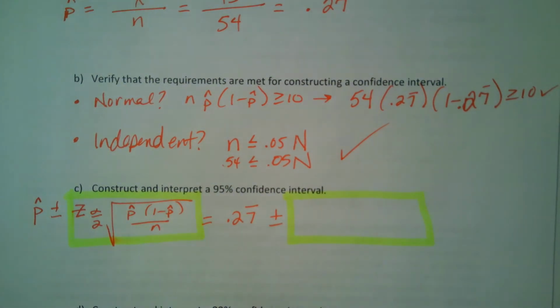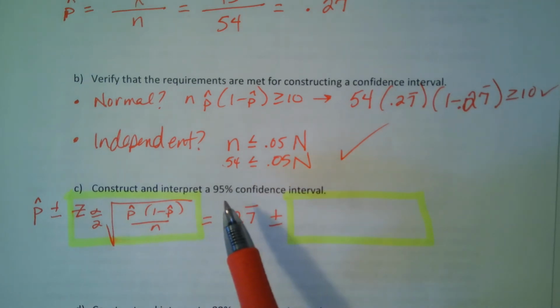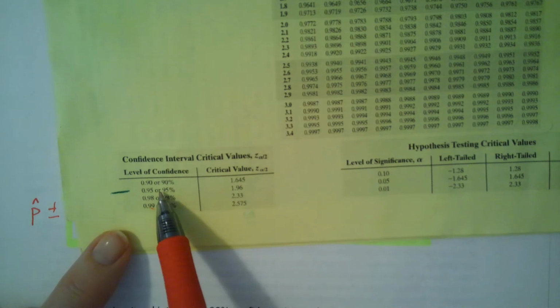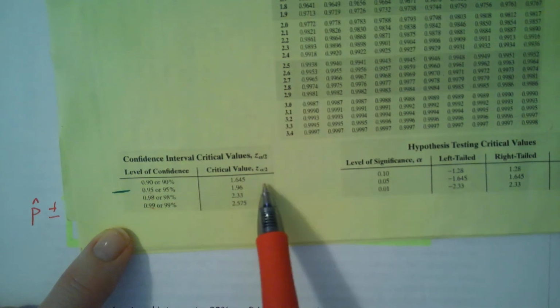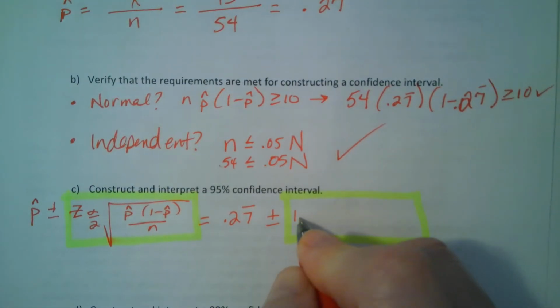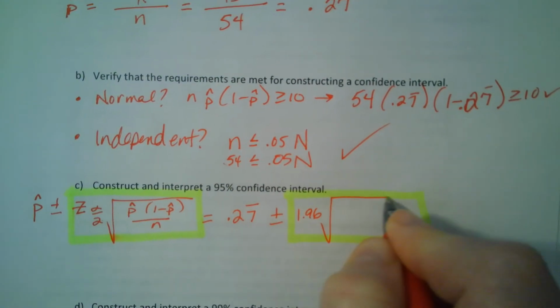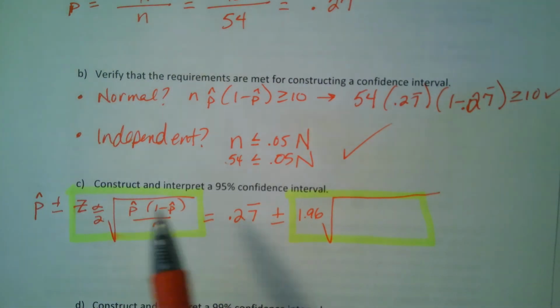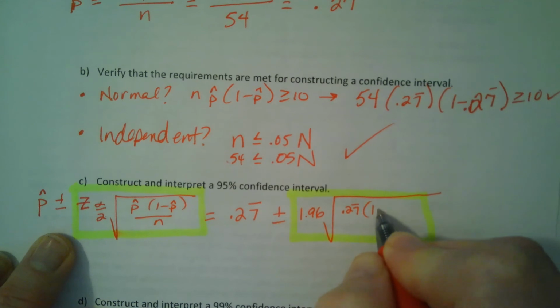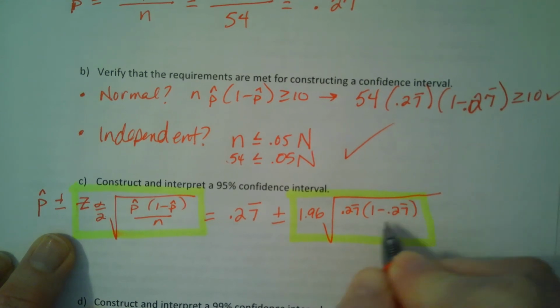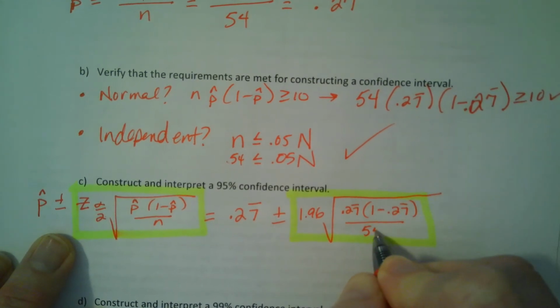So now I have to find my margin of error. My margin of error is going to be calculated by finding my critical Z when I'm 95% confident. Eventually, you'll probably start memorizing these because you'll use them so often. But when you're 95% confident, your critical Z score is going to be 1.96, times p hat under the radical, so that's going to be 0.27 times 1 minus p hat all over n.